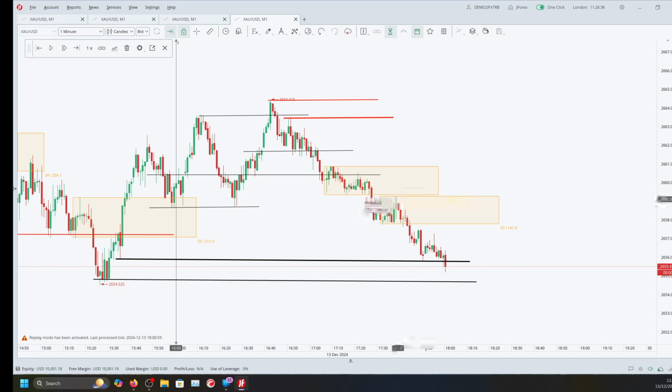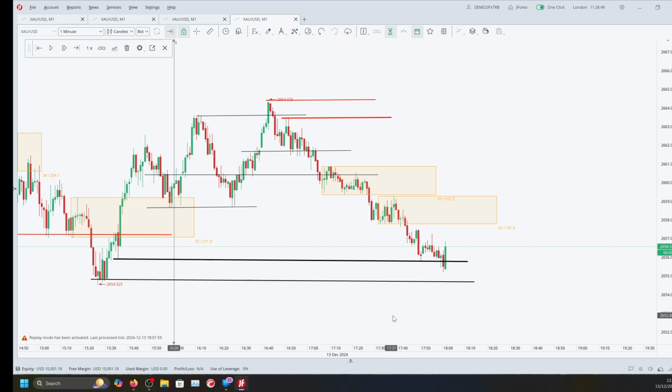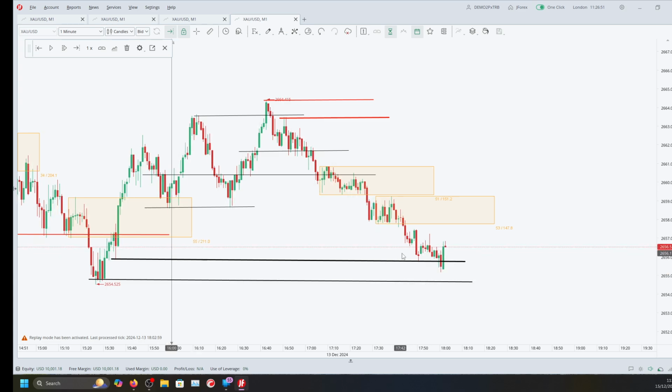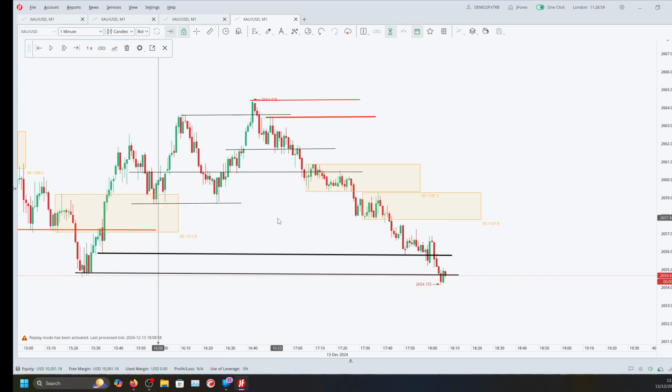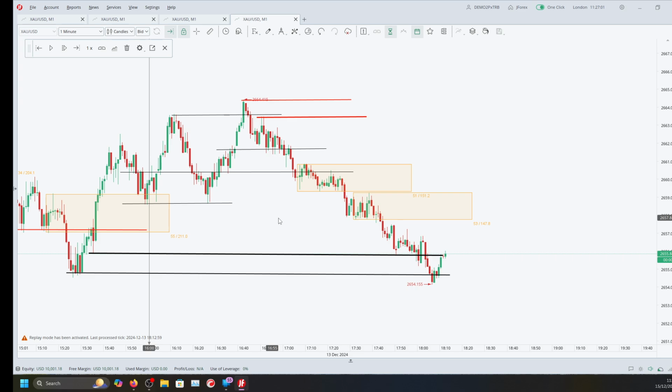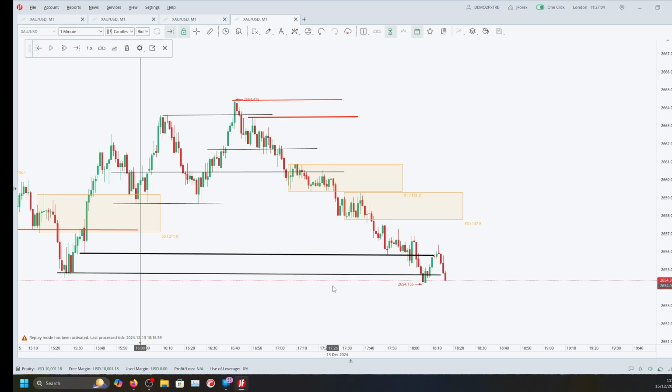I'm only showing this really as an example of the sort of price action you're looking for. It's not a good idea to be trading at this time on a Friday night. But you can see now I'm anticipating price rejecting off of here and coming back into this area. Which it hasn't had to do.